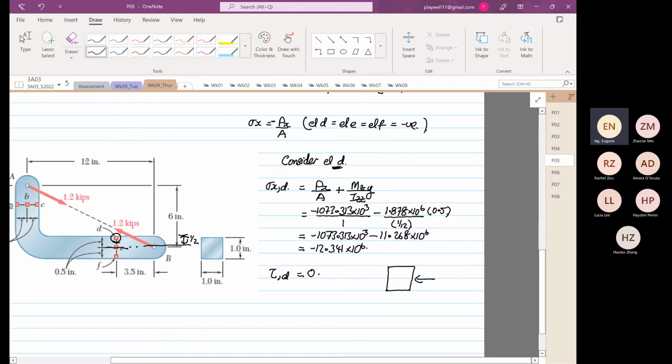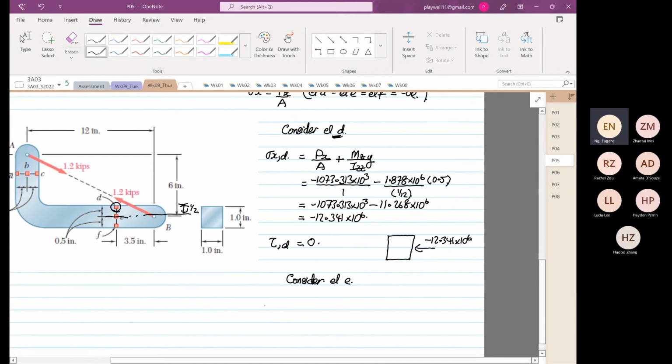So this will be equal to minus 12.341 times 10 to the power 6. This is the element. Next we have to consider element E.